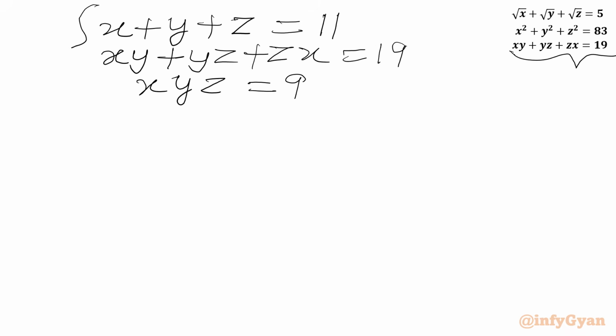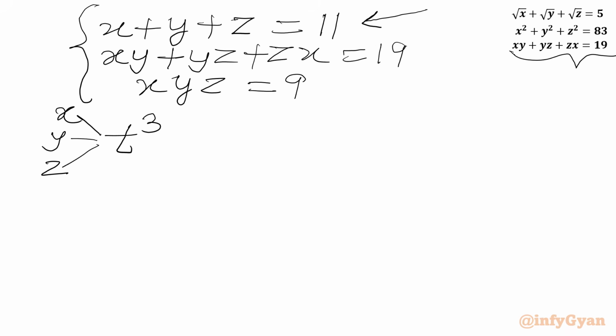If you will think of one cubic equation in variable t whose roots are x, y and z, then this is sum of roots. This is sum of roots taken 2 at a time, and this is product of roots equation.